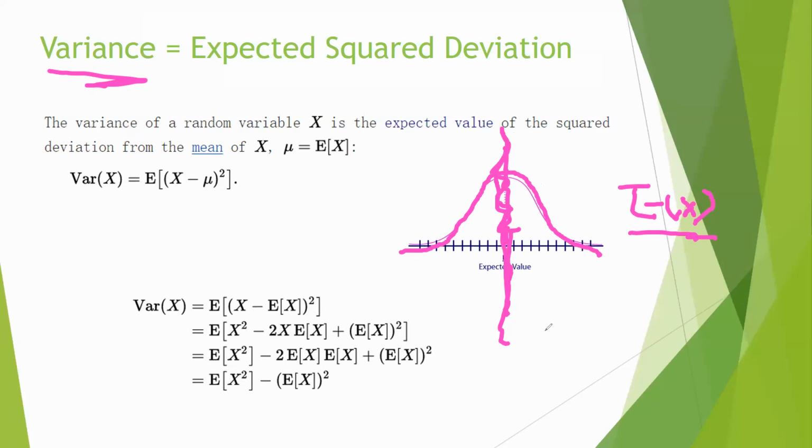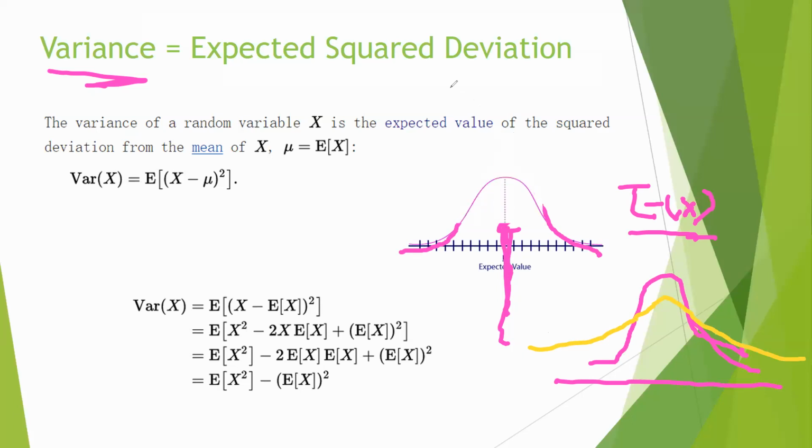This is another important point. If you compare two normal distributions, one is like this, the other one is like this. If you look at the center of these two distributions, they are the same. They're all centered around this value, let's say 0. But do you think these two distributions are identical?